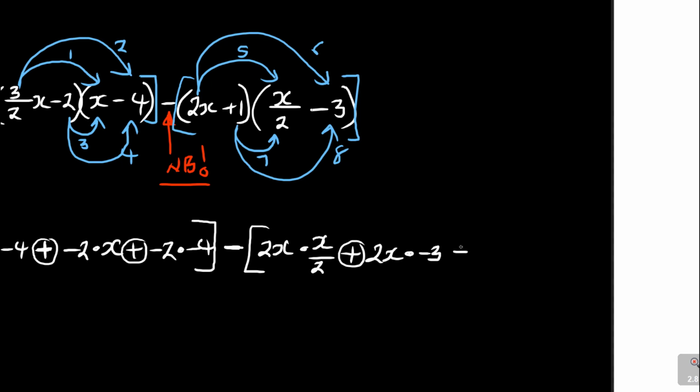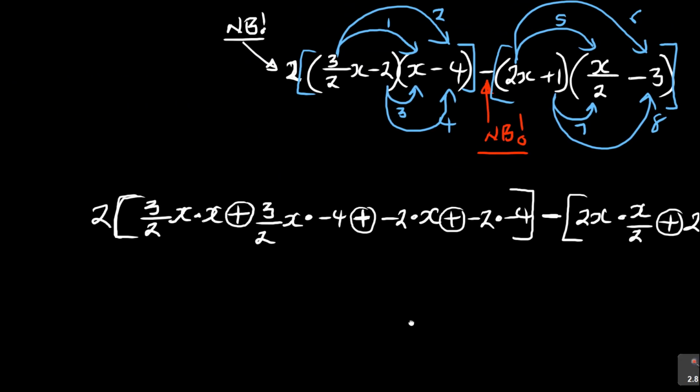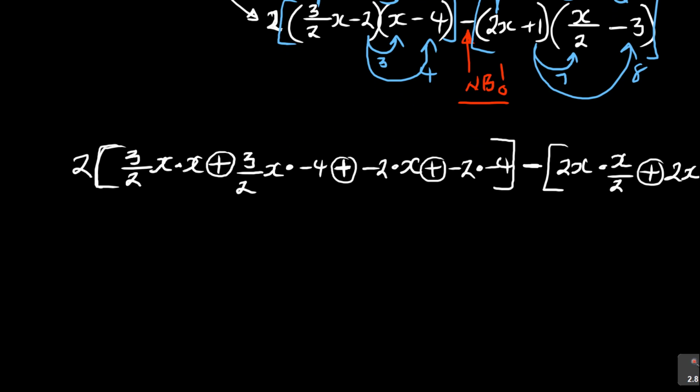Number 7, always take out a positive. It's 1 times x over 2, and then plus, always take out a positive, is 1 times negative 3, or dot negative 3. I just used times, but it's dot. Then you close there. You see, open and close it. It's a bit long like this, I know, but it can help you not to make errors.